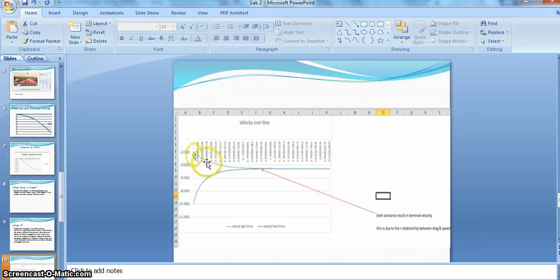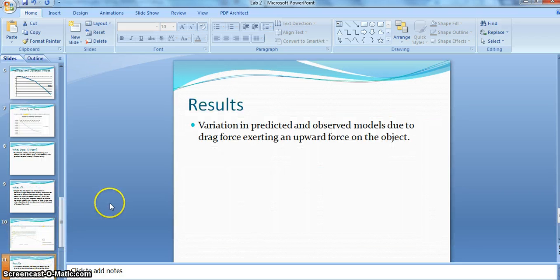So here is the velocity if I just drop it from a specific height, and here is the graph if I just throw it down at a specific height. And as you can see, the velocity converges to the exact same answer afterwards.